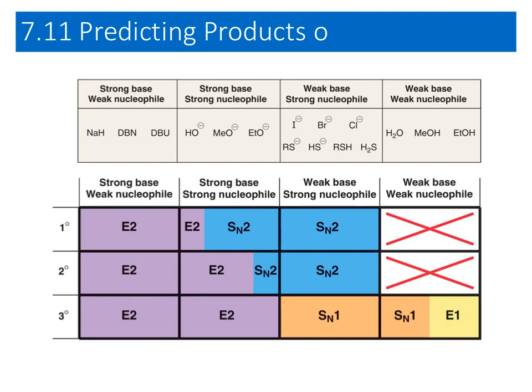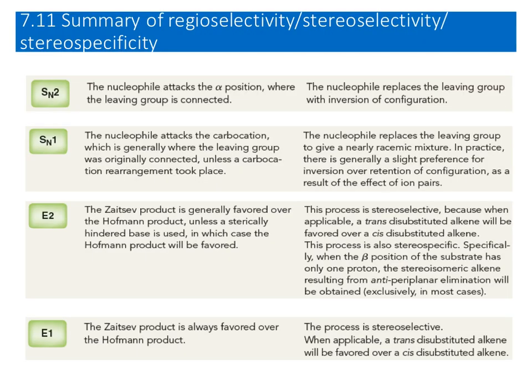So I would like again to emphasize that when we are talking about primary, secondary, and tertiary, it is not only about alkyl halides. It can include alcohols as well. Now, after examining the reagent and the substrate and figuring out which mechanism is happening, we need to look at regioselectivity, stereoselectivity, and stereospecificity in the products.